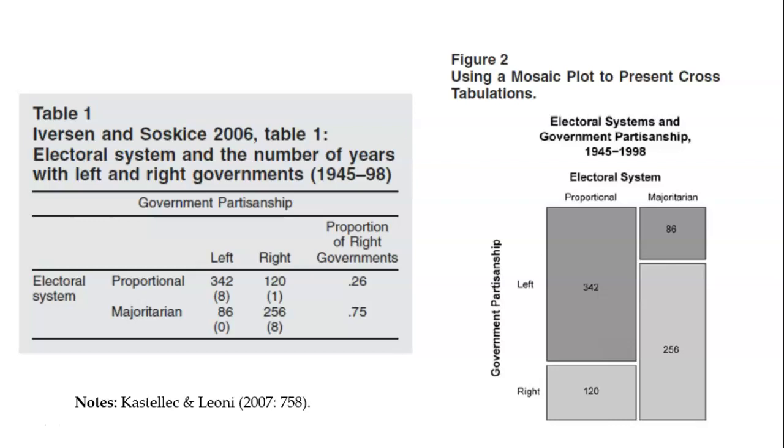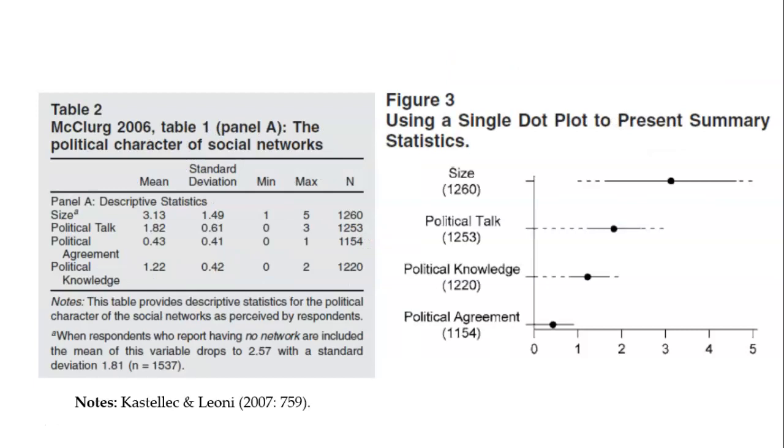It's very easy to see the difference between two groups based on the values of, in this case, electoral system and government partisanship. So it's very simple to see this relationship, even more than with the table, right? Especially if you are a visual person, it's very simple to get the idea very quickly, okay?